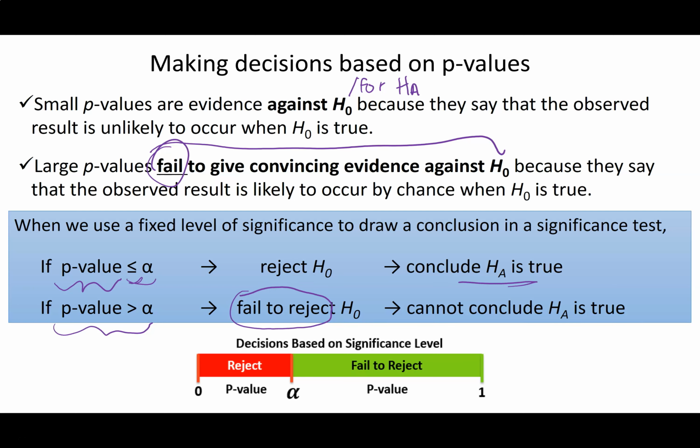Do not say accept. Fail to reject is very specifically the phrase we will look for. It says, I don't have enough evidence to conclude the alternative is true. So small p-values between 0 and alpha, you reject. Big p-values between alpha and 1, fail to reject.